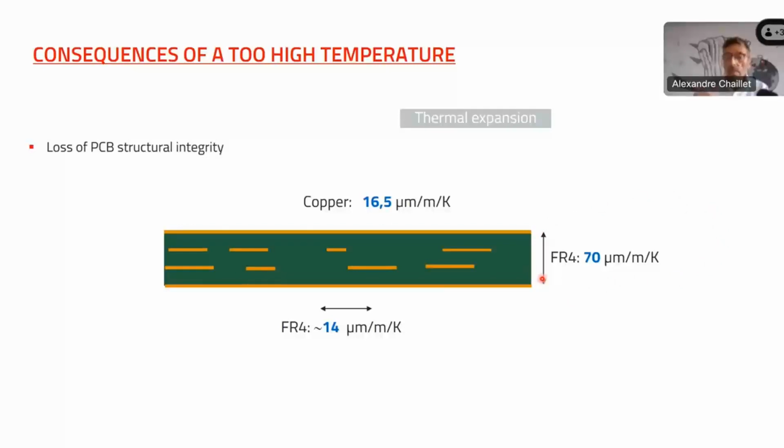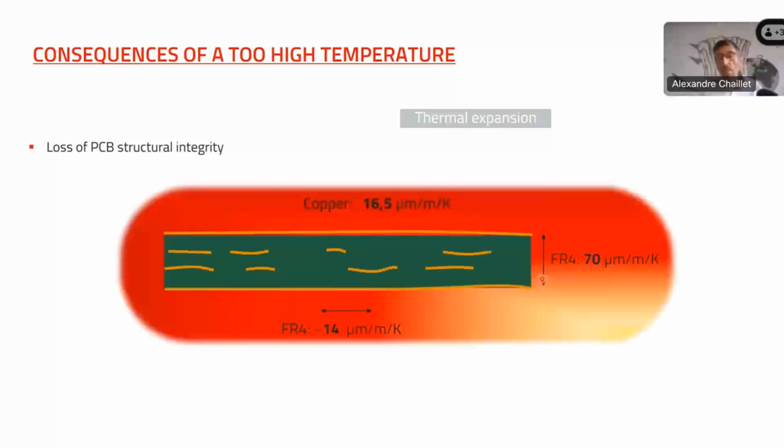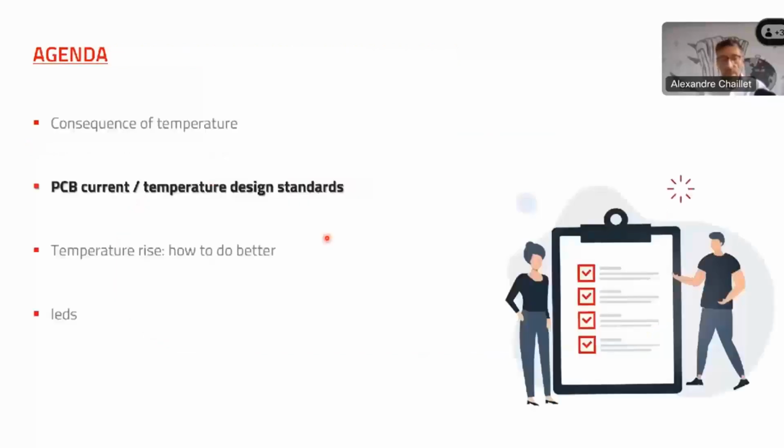So if you heat your PCB too much, your materials will expand in different ways. And so at the end, if there is too much heat, you could have a delamination of your copper traces. And of course, that's an issue for everything: signal integrity, power, and everything.